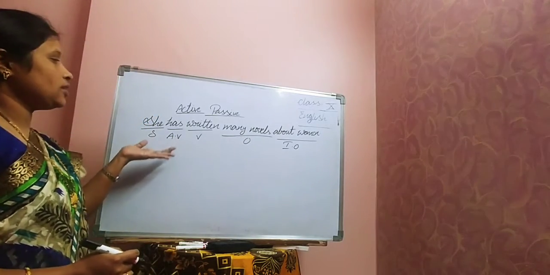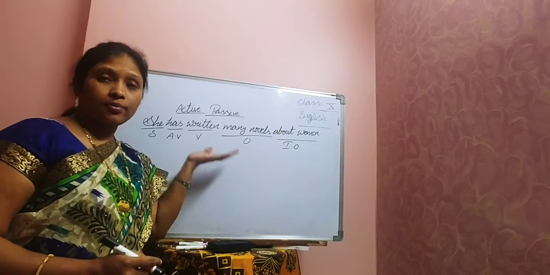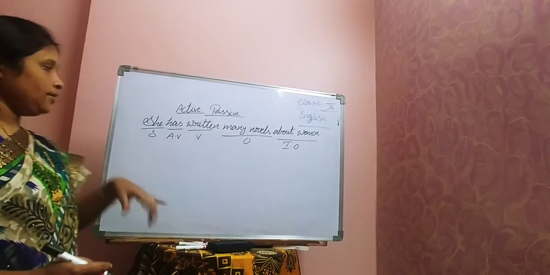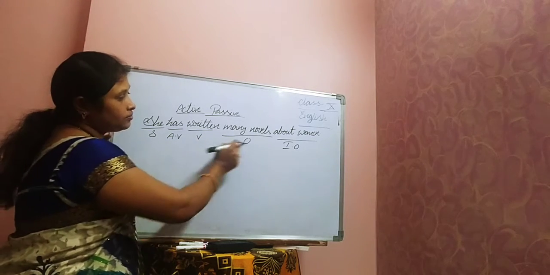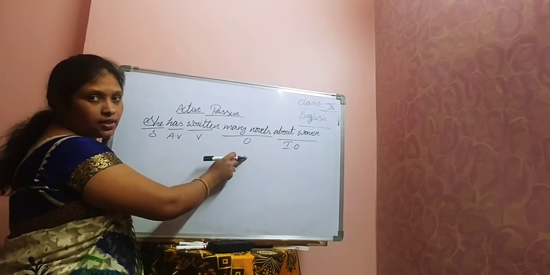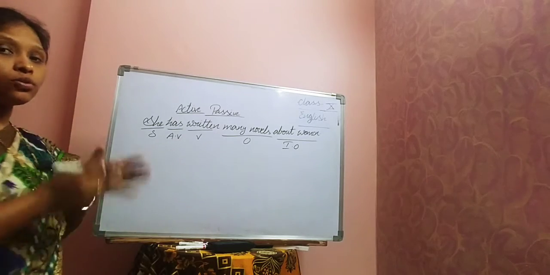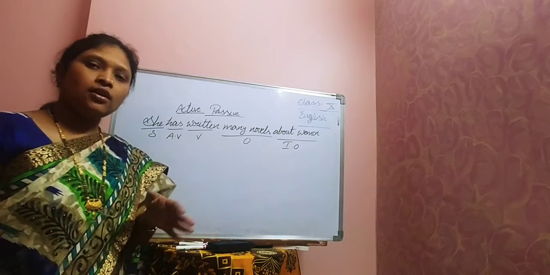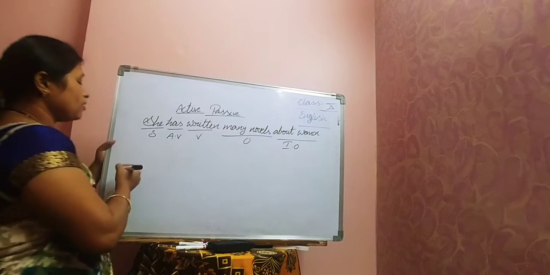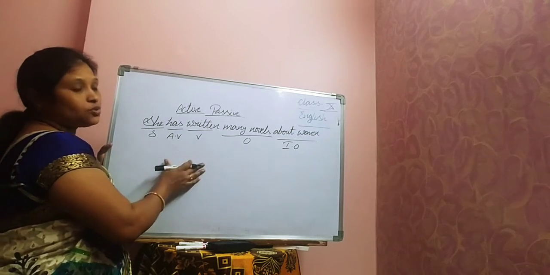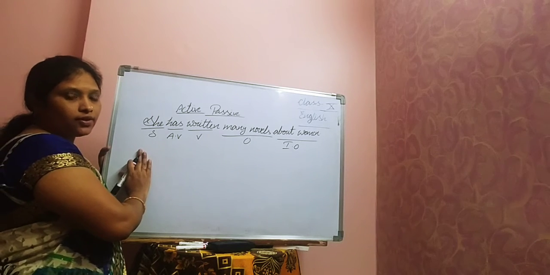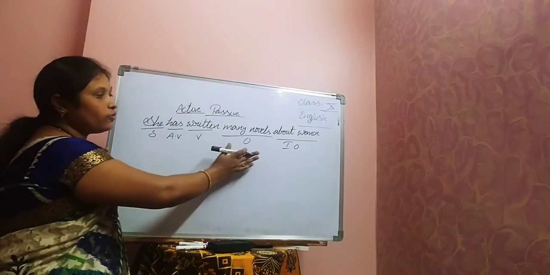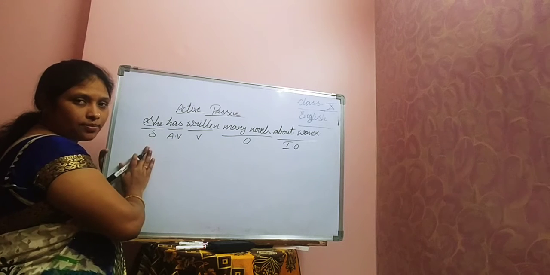Like this, first we need to identify the subject, verb and object. These are the main things here. She, subject; written, verb; many novels, object. Next, there are certain rules to change the sentence. First, what we need to do is convert object into subject.